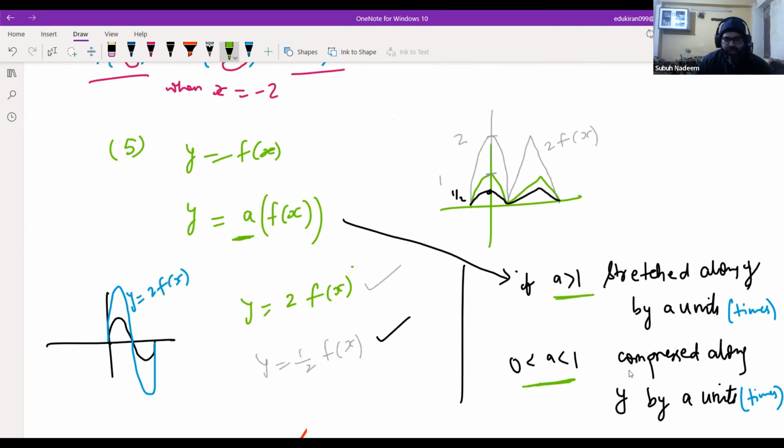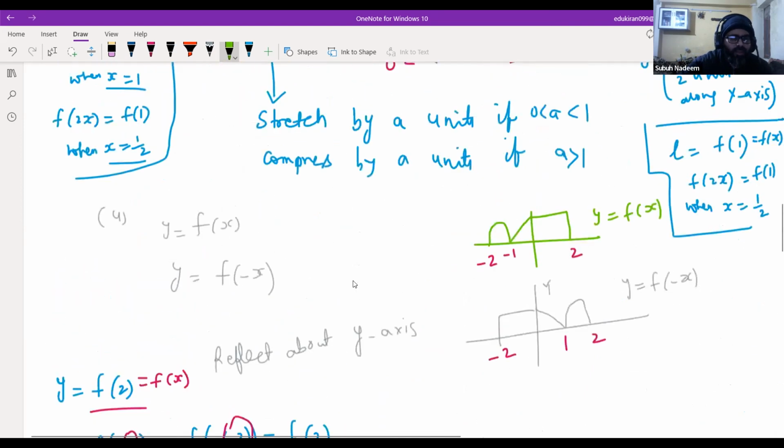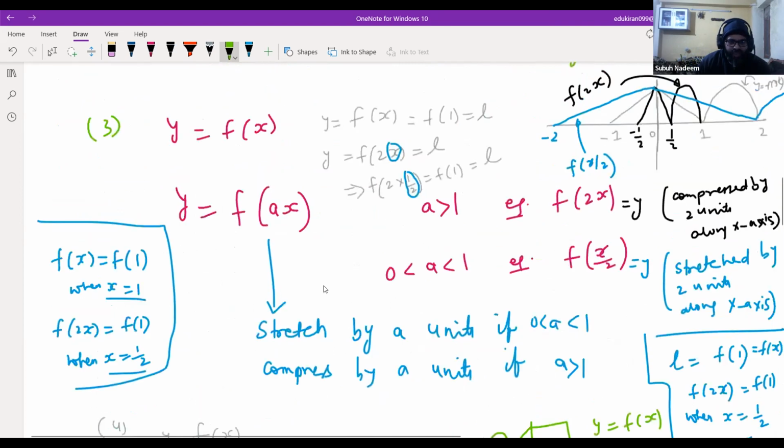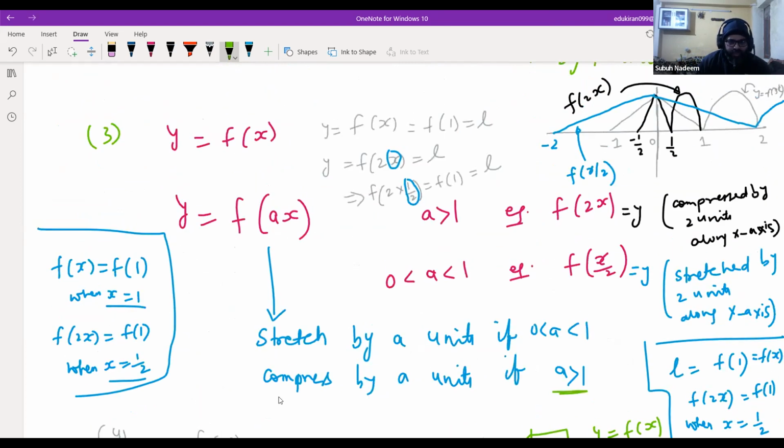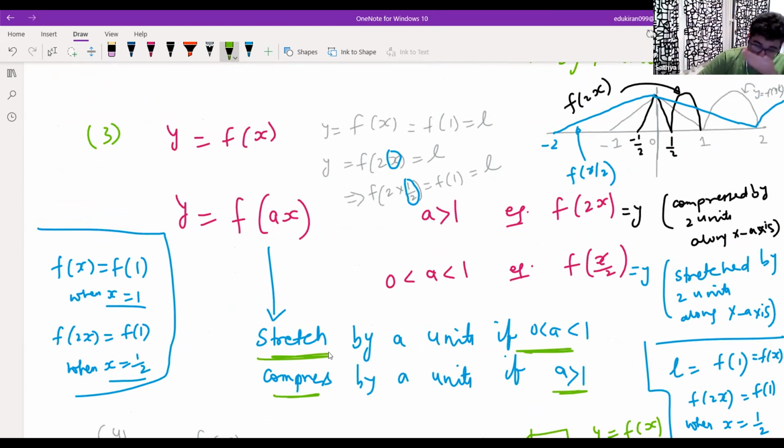When A is between 1 and 0, then it is compressed. Whereas when it is about the input, if B is greater than 1, then it is compressed, and if it is between 1 and 0, then it is stretched, just the opposite. Are you getting it?